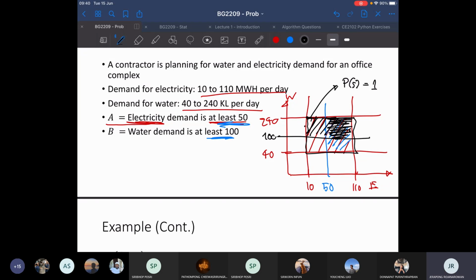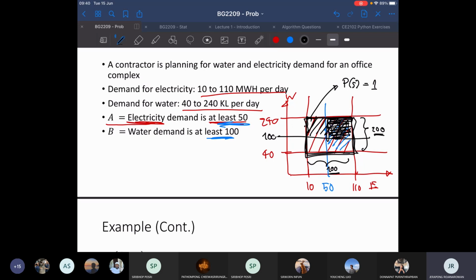Therefore, this area is 1. Okay. What is this area? What's this length? 40 to 240, that's 200. What's this length? 10 to 110, this is 100. The area of 100 by 200 is the probability of 1. That you have to keep in mind.